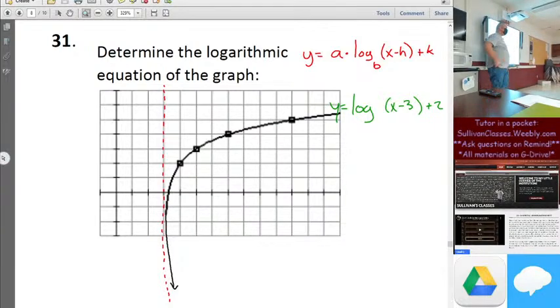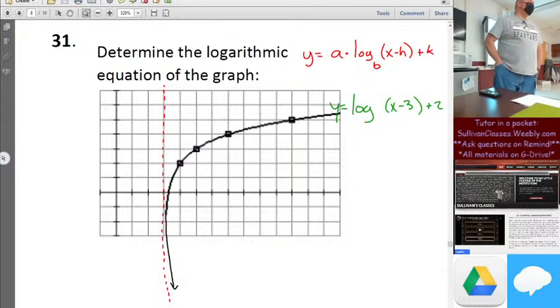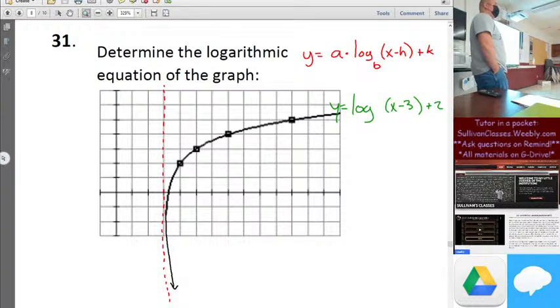But how do I know what the base is? Remember, logarithms are about exponents, about powers.